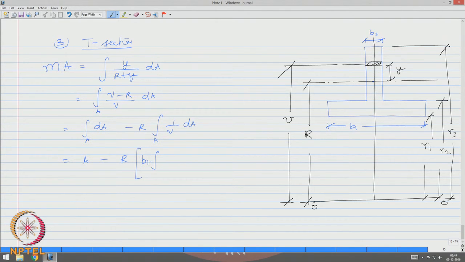The limits for B1 are, the piece 1 varies from R1 to R2, which is dV by V minus R.